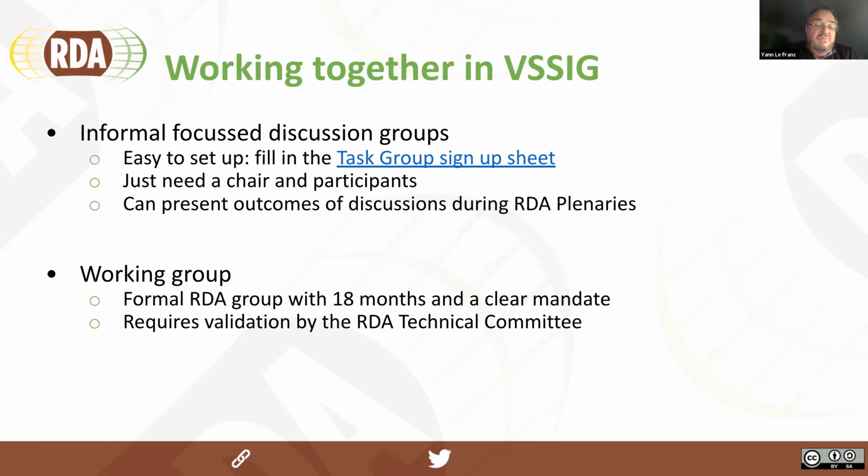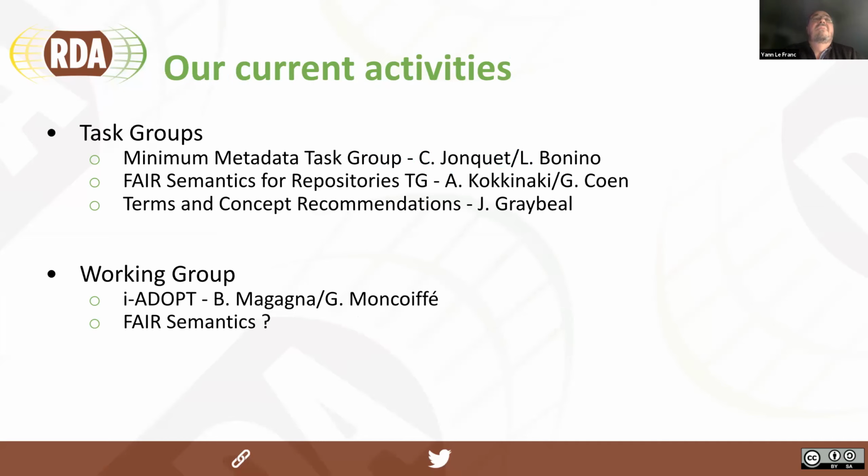You need to have at least 1 chair who's going to generate and maintain the activity of the group. And of course, some participants. You can still create a group on your own, but discussing with oneself is not necessarily very useful. And then the idea is that we contact the different task group leaders so that they can present the outcomes of their discussion during the RDA plenaries and share with the community at large.